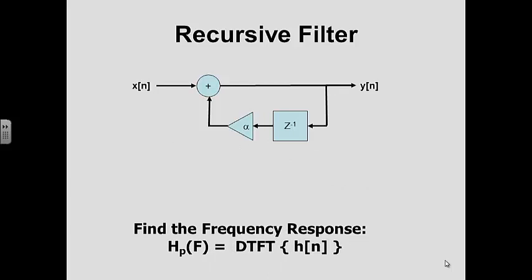Okay. That was all an IIR filter, excuse me, FIR filter. That was a simple application of the defining expression for the discrete-time Fourier transform, which was what?